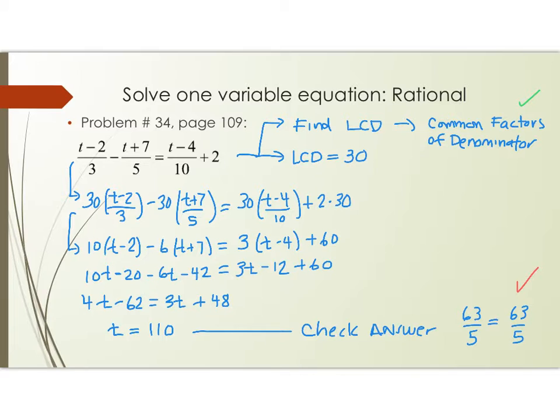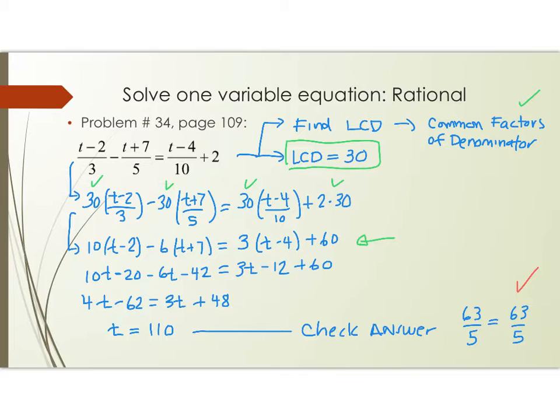So we did. We find the LCD is 30. Here it is. And we're going to multiply 30 through the equation, right? And when we do that, guess what happens? We eliminate the fraction because 3 goes into 30 10 times, so we get 10 times, so now we're on this equation here, 10 times parentheses t minus 2, minus 6 times parentheses t plus 7, and why 6?